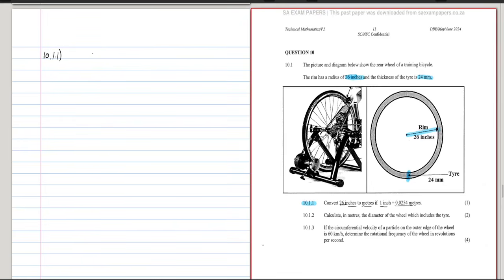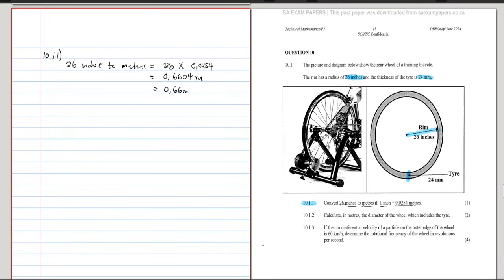So we take the 26, and we multiply by the number of meters per inch, 0.0254. 26 times 0.0254 equals 0.6604 meters, but we are rounding off to 2 decimal places, so that's going to be 0.66 meters.